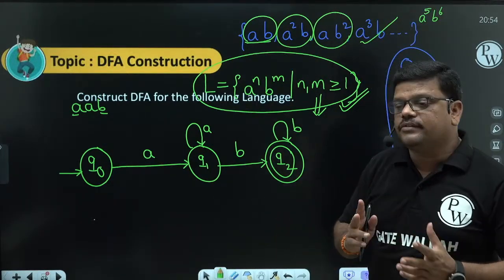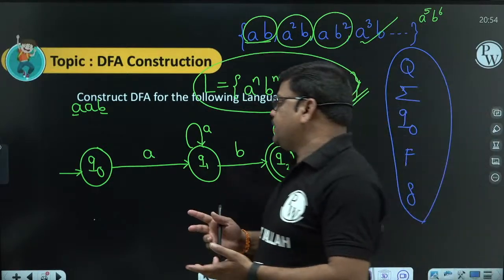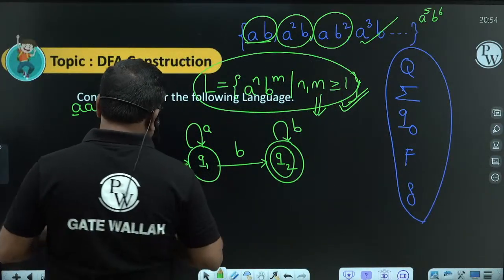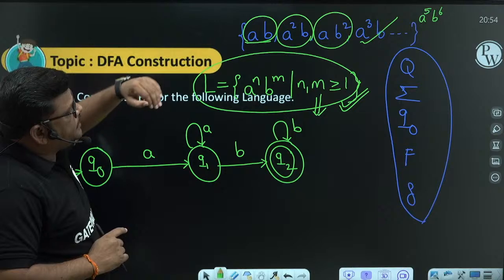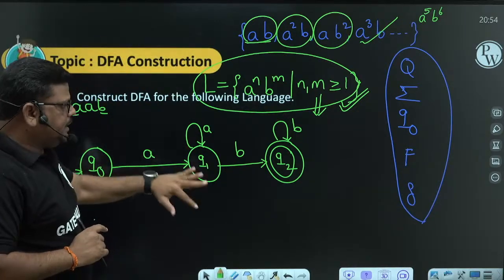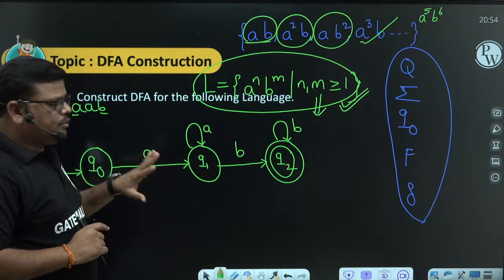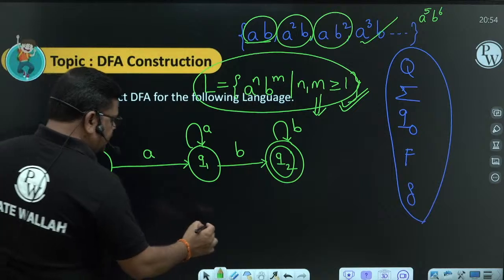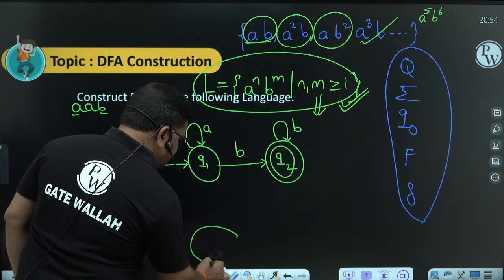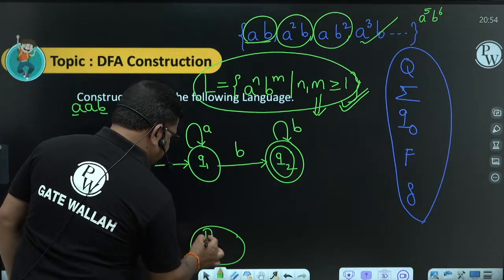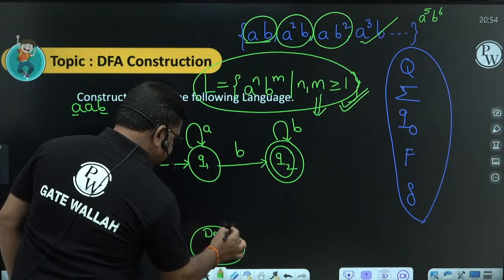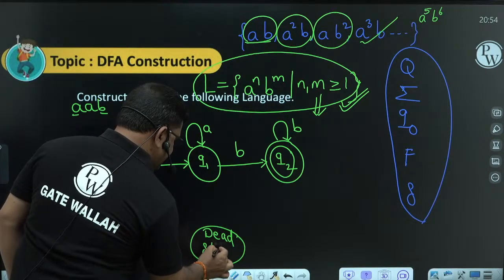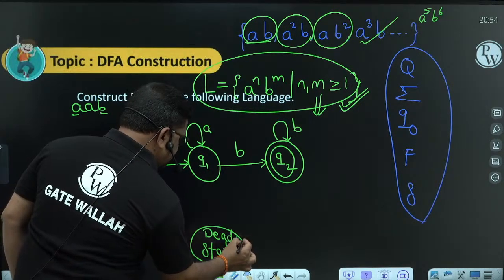But what is our concept? We are constructing a DFA, Deterministic Finite Automata. So even though it accepts everything, if it does not become a valid DFA, we need to attach one beautiful state here called a dead state. Yesterday some people were asking about this.